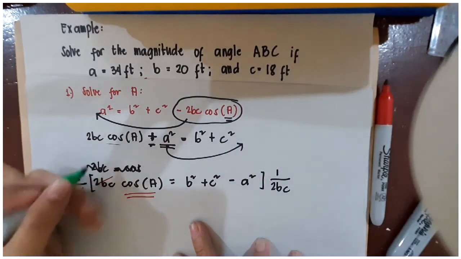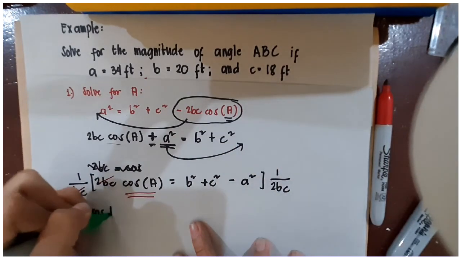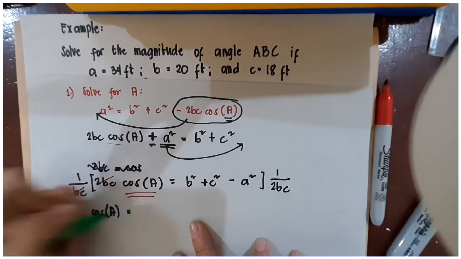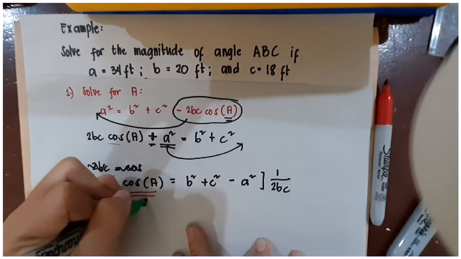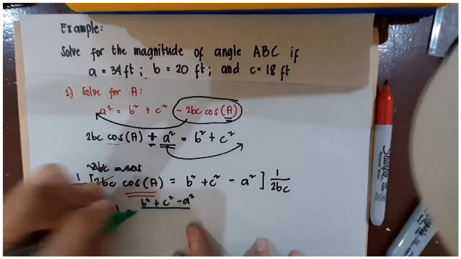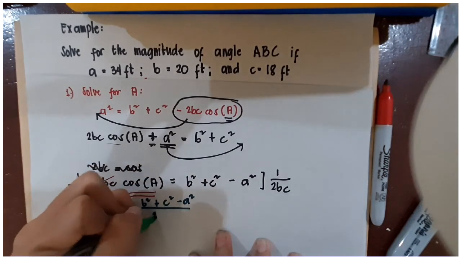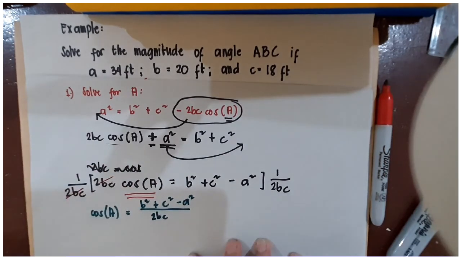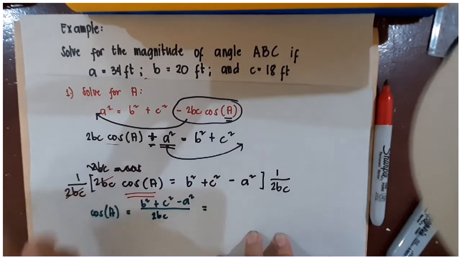So, your equation now becomes cosine A equal to b squared plus c squared minus a squared over 2bc. Now you plug in the given values.